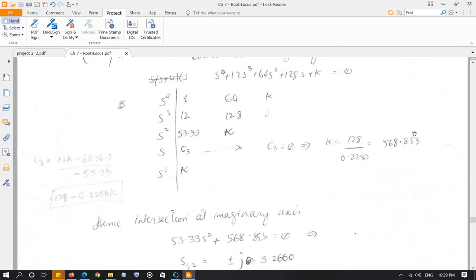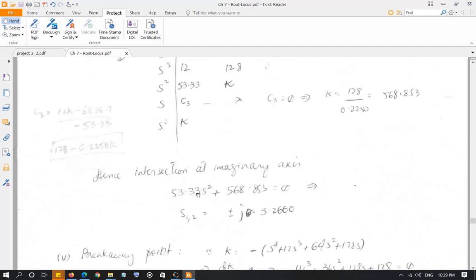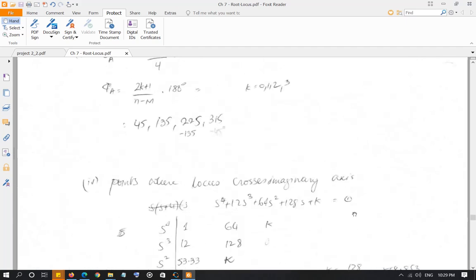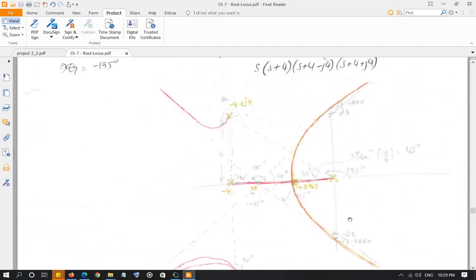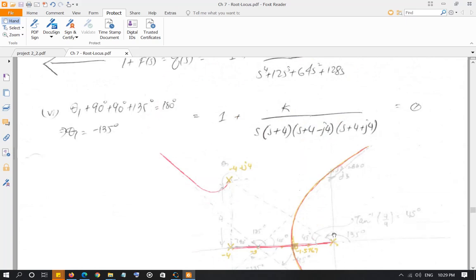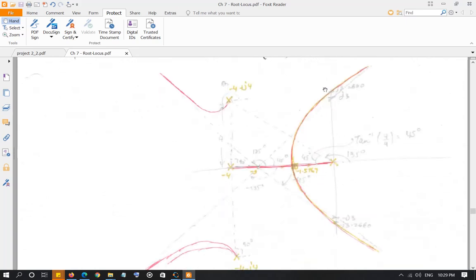So we're going to put this in the equation over here, 53.33 s^2 plus 568.853, and from that we will know that the value of s is plus minus j3.266, so it will cross at plus minus j3.266.